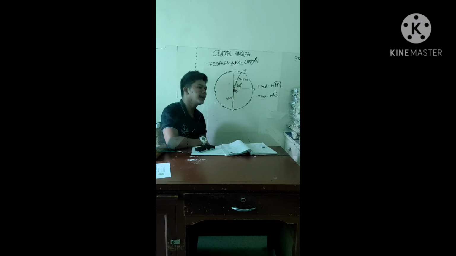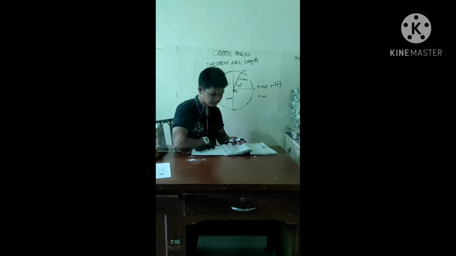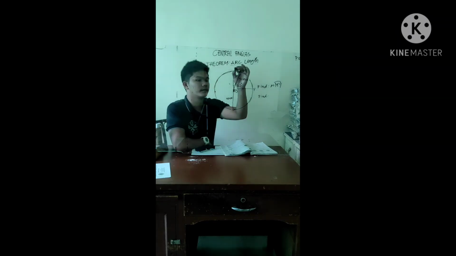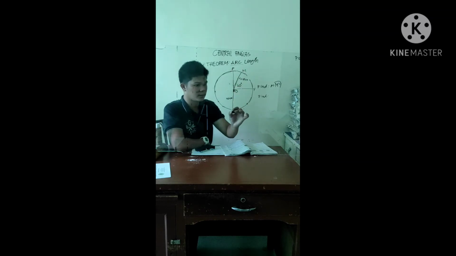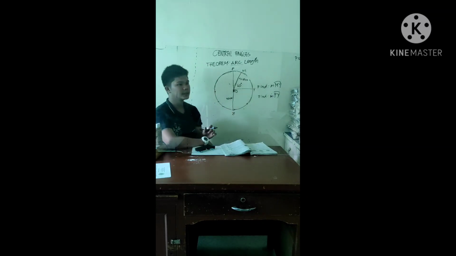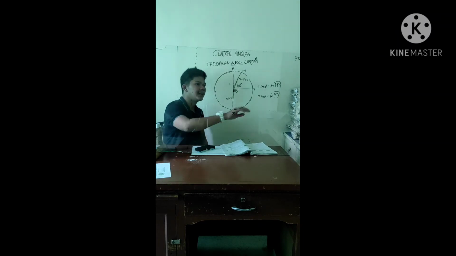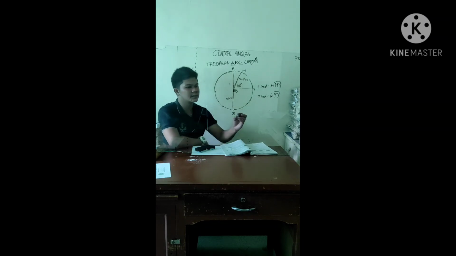Okay. So, let us find measure of your arc MY and measure of your arc PY. Wala pala akong point dito. Lagyan natin ng point dito na P, Z. Okay? So, hanapin natin si measure of your arc MY at si arc PY. First, si MY muna.